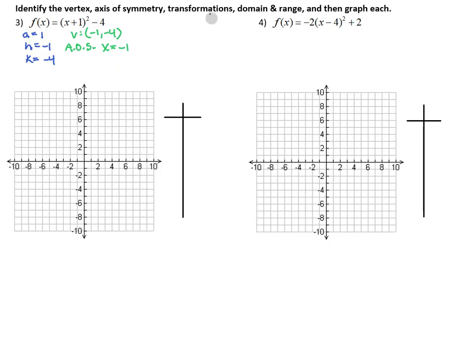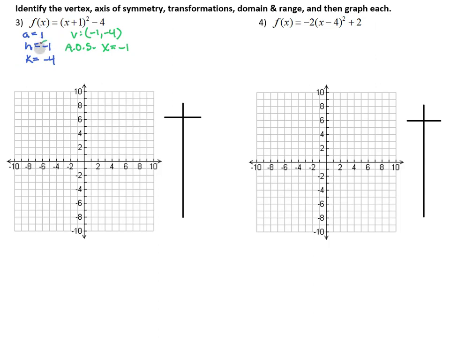Okay, we'll go ahead and talk about the transformations next. So first thing I like to look at is A. Since my A value is positive 1, positive means it's opening up, so that's like our standard parabola. 1 means it is not stretched or compressed. It's actually the same as our standard parabola.